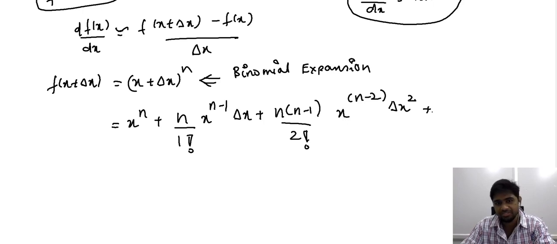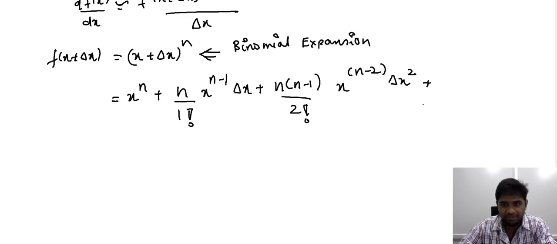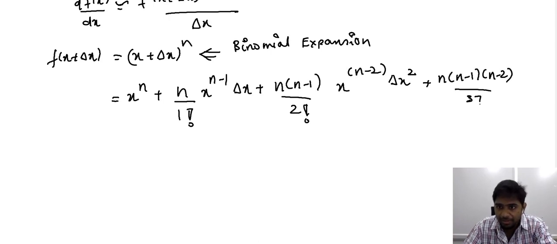I believe we are able to see a trend here, but to establish it, let me consider also a third term, that is n into n minus 1 into n minus 2 divided by 3 factorial x power n minus 3 delta x cube, so on and so forth, and ultimately we will end up with delta x power n.